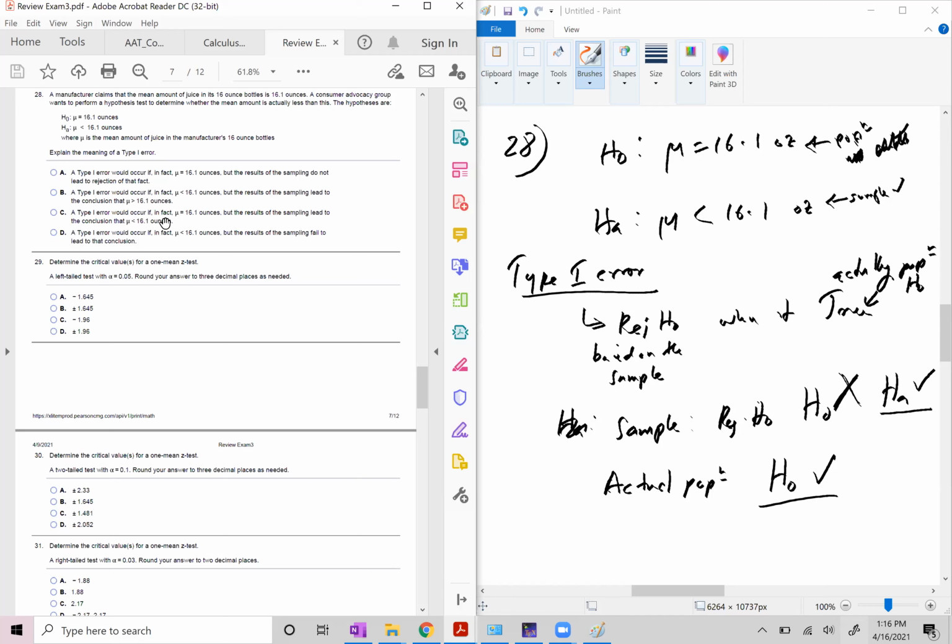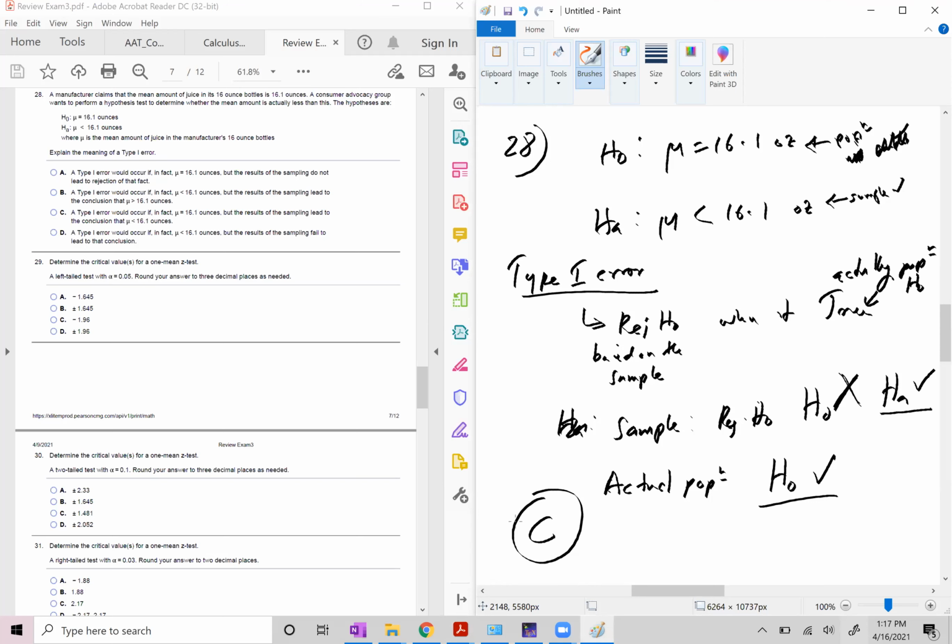A type 1 error would occur if in fact mu is equal to 16.1 ounces, but the results of the sampling lead to the conclusion that mu is less than 16.1 ounces. Yes, this is the correct answer that tells everything. So these types of questions you need to read very carefully.